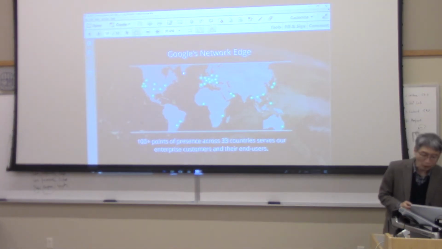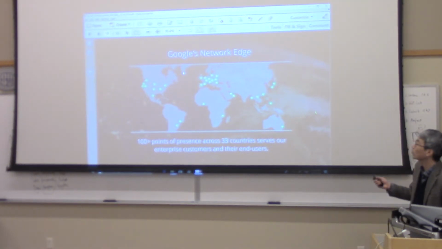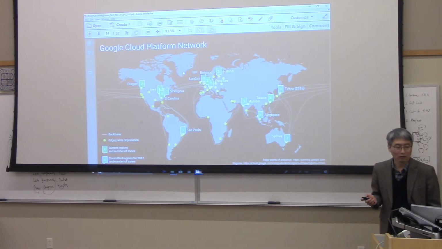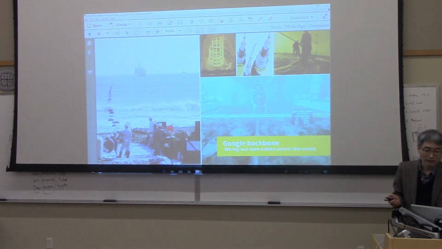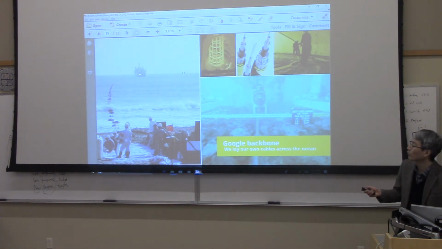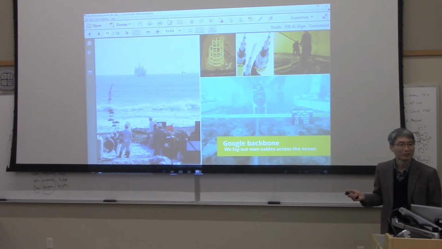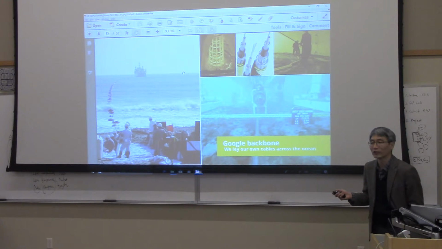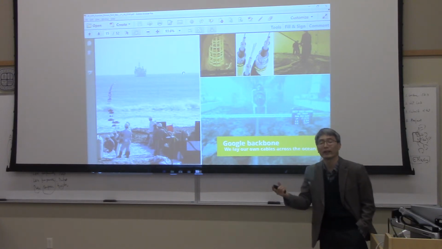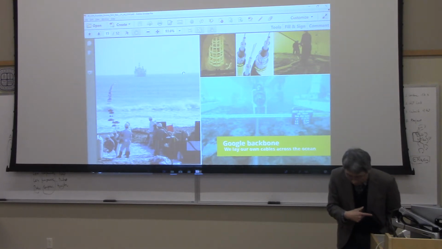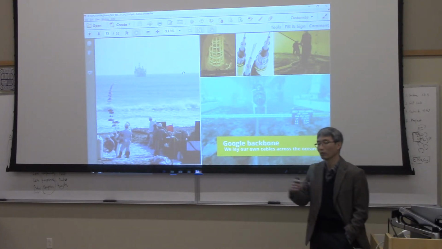Okay, Google has data centers worldwide, like this one, and they are connected. They even have a backbone under the sea. Google owns the backbone. Most companies do not, but pay for it between Europe and North America, along the Atlantic Ocean.